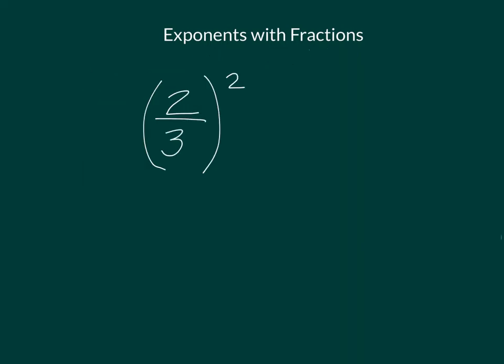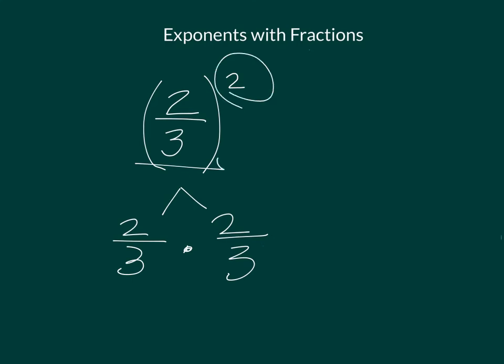Here's another example. We would read this as 2/3 squared or 2/3 to the second power. And all it's saying is 2/3 times 2/3, right? We're taking the base, which in this case is a fraction, and we're multiplying it by itself this many times. So this one's pretty simple because it's just 2 times.